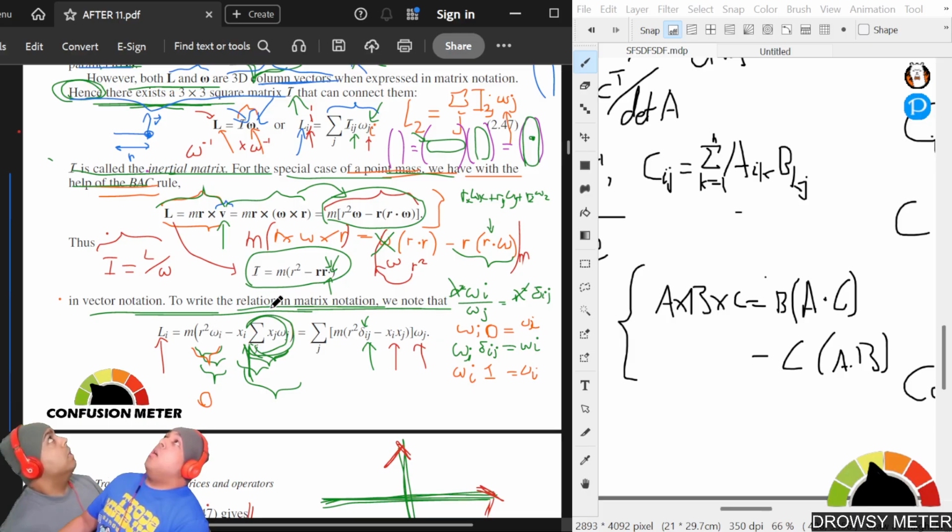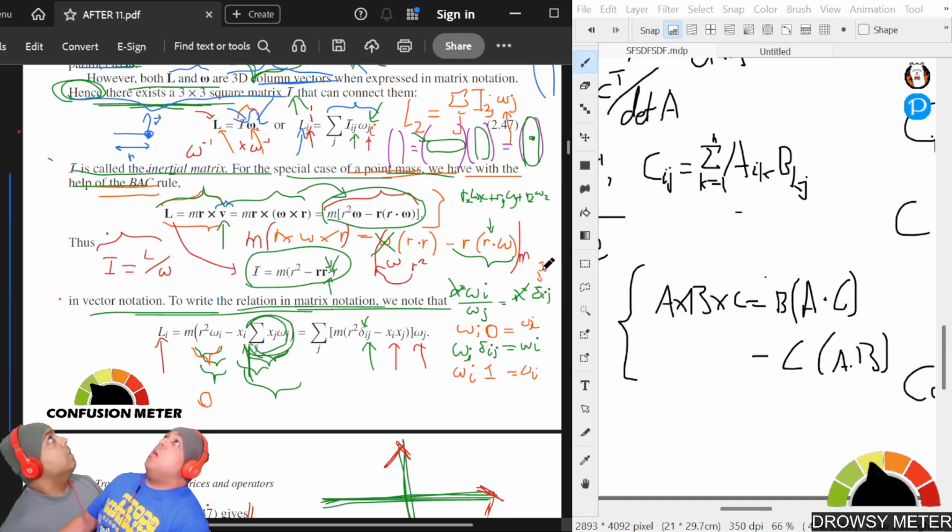Does that not matter? r squared omega_i Kronecker delta ij is 0. If i equals j, this is 1. Yeah, that makes sense because omega_i over omega_i is just 1, right?